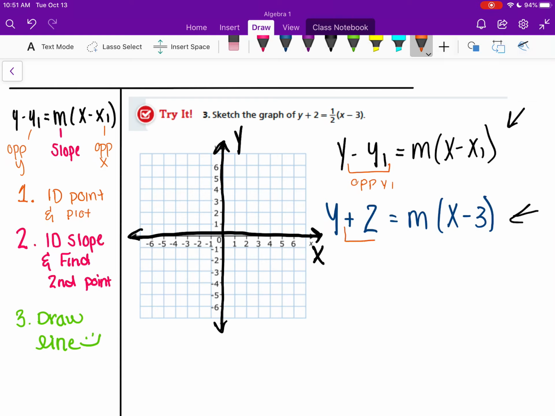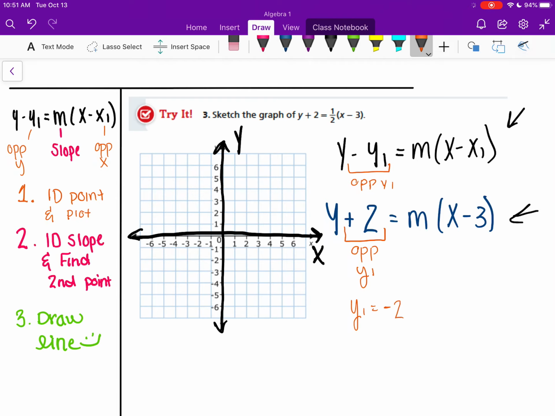So our opposite y1 here is a plus 2. And y1 just represents a point on the line. So if we see a plus 2, what's the opposite of that? Minus 2. So our y coordinate is negative 2.